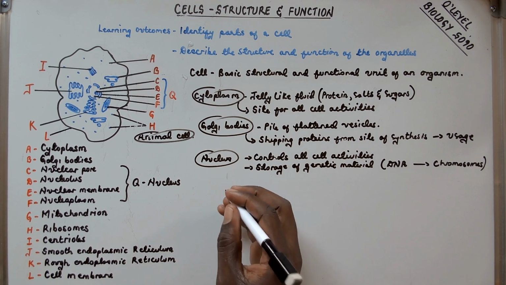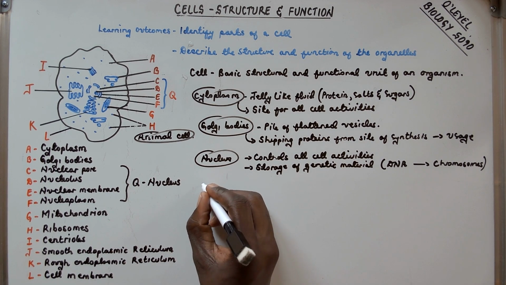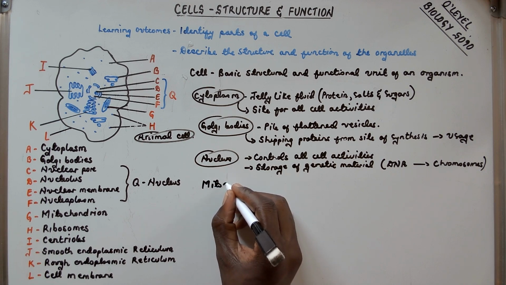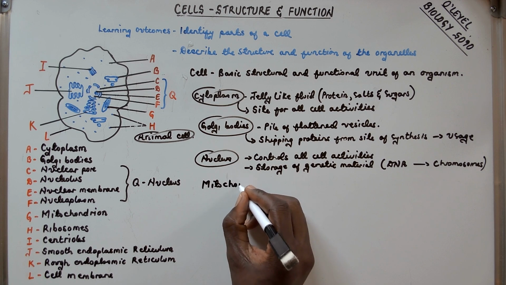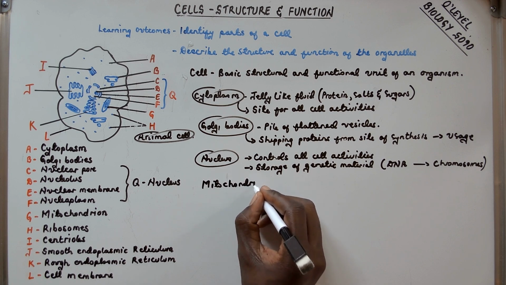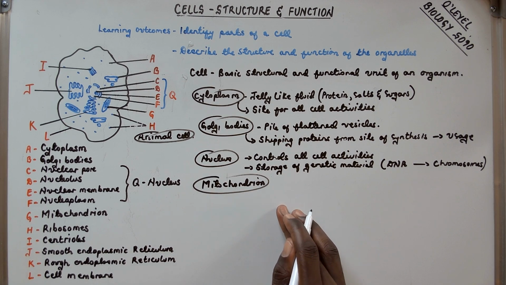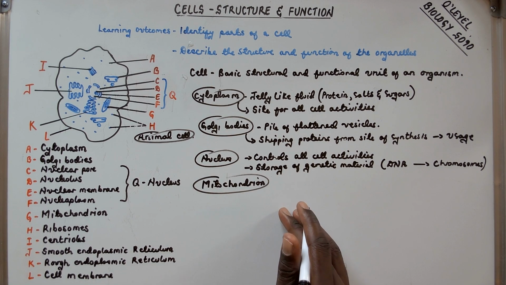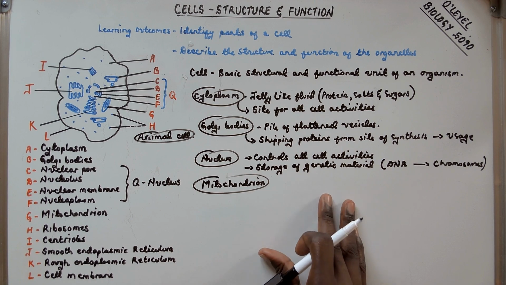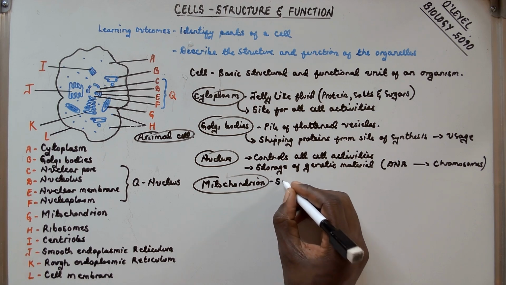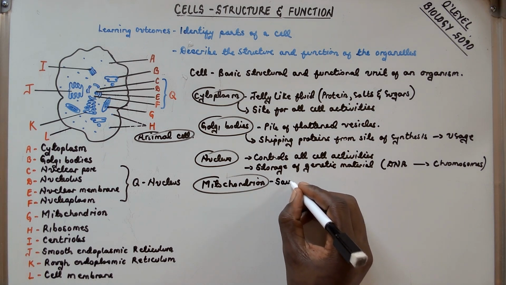The other one we're going to discuss is the mitochondrion. Mitochondrion means one, singular. If there are many, we say mitochondria. Mitochondria are sausage shaped.